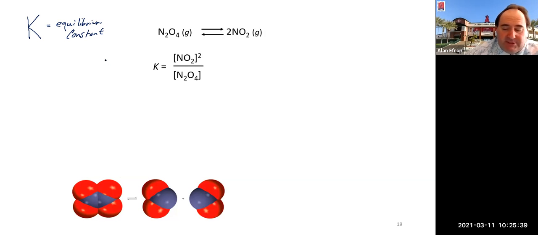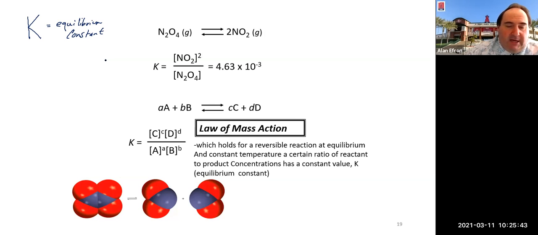It's the relationship that develops in a chemical reaction that is a constant value. It is calculated by taking the concentration of our products divided by the concentration of our reactants. So what do we see here? The NO2 is our product, so products up on top.